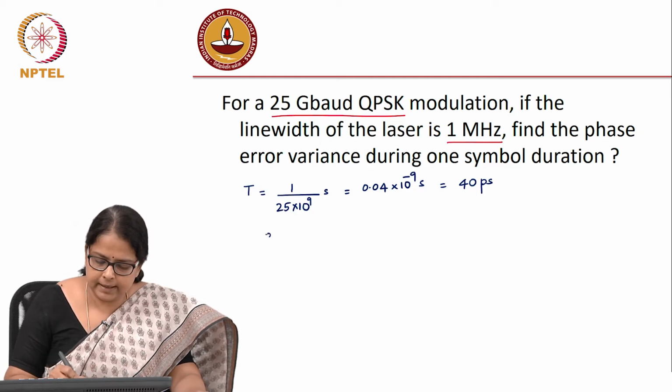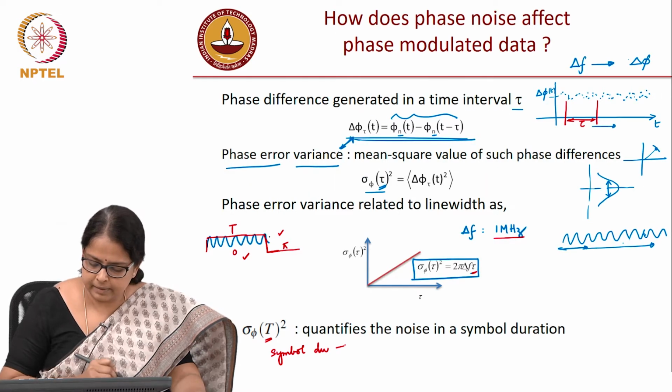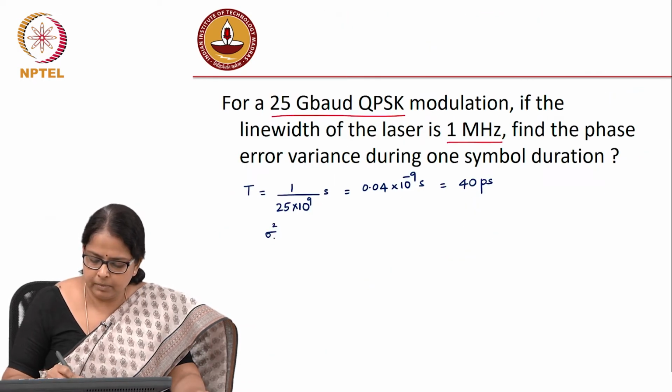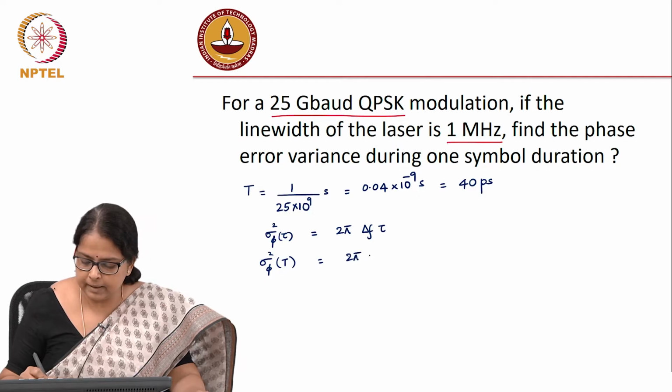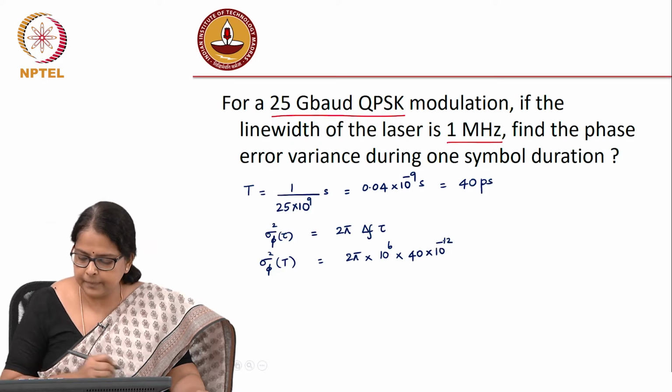Okay. We just said that sigma square of tau is 2 pi delta f tau. So, sigma square for a symbol duration would be 2 pi into 10 power 6 times 40 times 10 power minus 12.